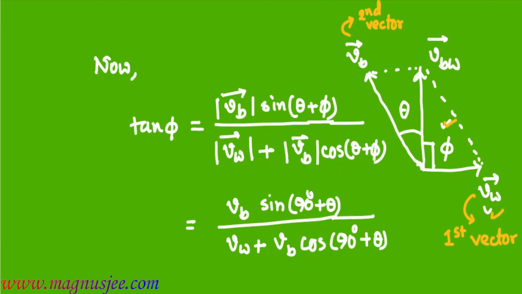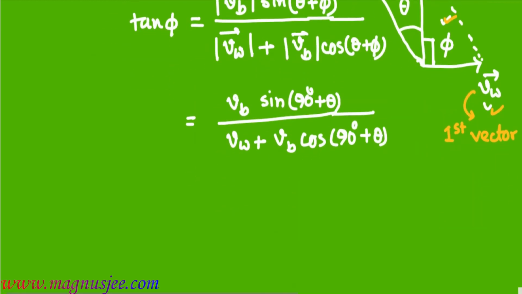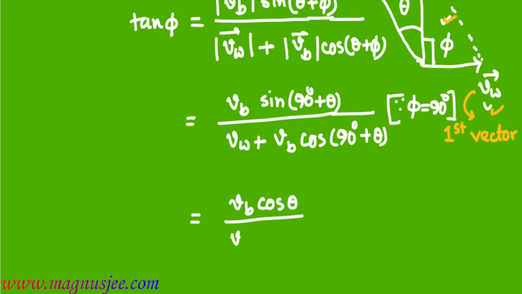Therefore, tan phi equals VB cos theta divided by VW minus VB sin theta. In this case, cos(90 degree + theta) is equal to minus sin theta.